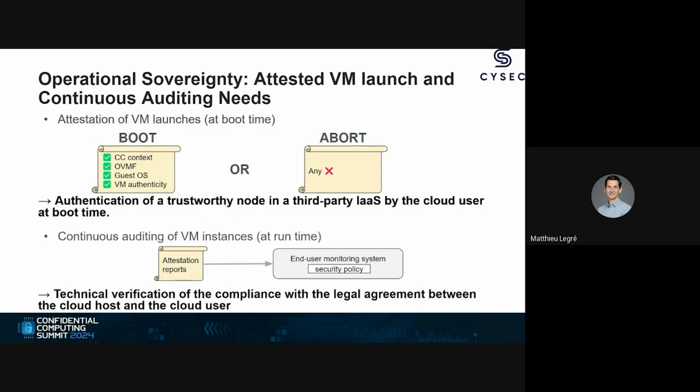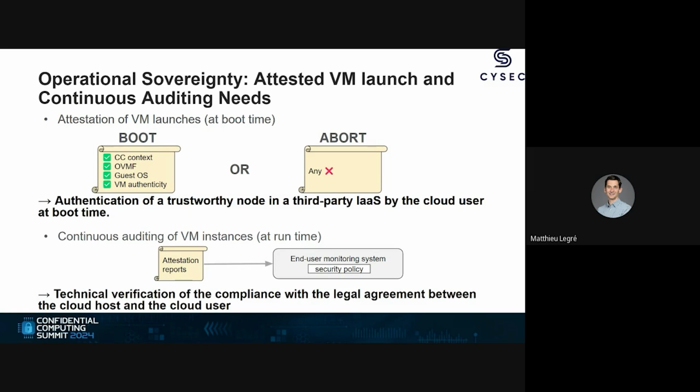Then the customer will be able to verify whether the values provided by this attestation report are valid or not compared to the security policy. So that's a technical way to verify the compliance of a legal agreement between the host and the user.